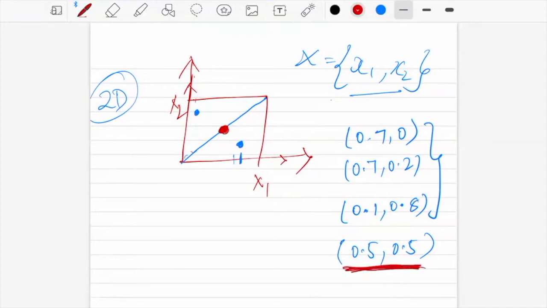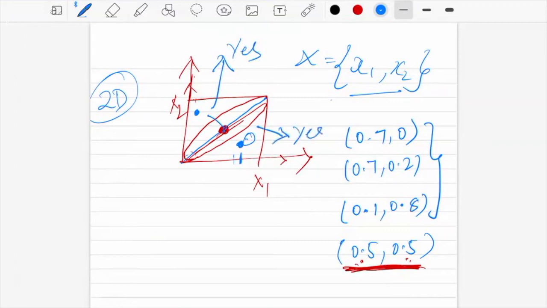Whenever, in 2-dimensional space, you take any two elements which are not distinct, all such non-distinct elements will lie on the diagonal region. Apart from the diagonal region, the elements which are distinct will lie either above the diagonal or below the diagonal.